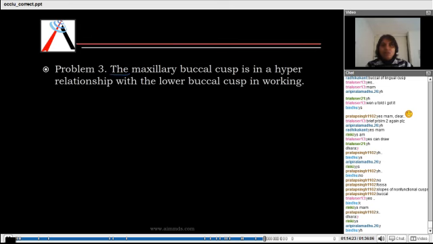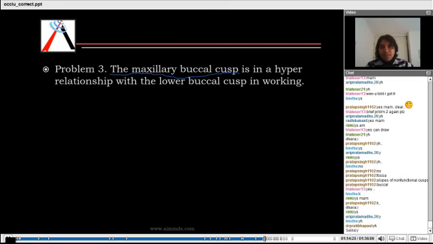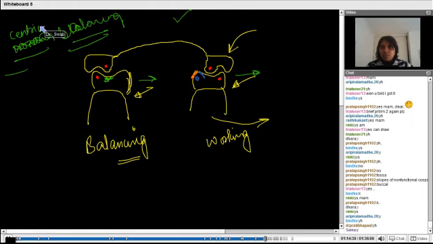The third problem: the maxillary buccal cusp is in hyper relationship with the lower buccal cusp in working. Let's go back again and see. We are talking about the working side, and we are talking about both the buccal cusps.